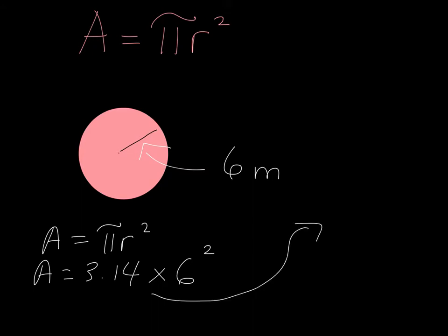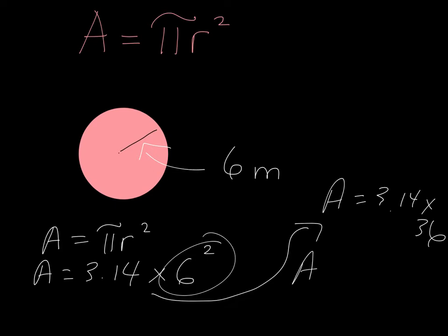So then I would do area equals 3.14 times 36, because 6 times 6 is 36. And then 3.14 times 36 is actually 113.04. And again, it's always in square meters or square centimeters, so don't forget to square your final answer.